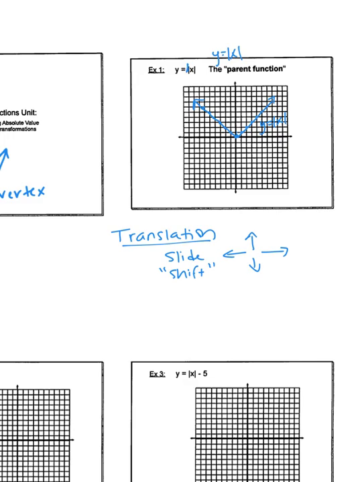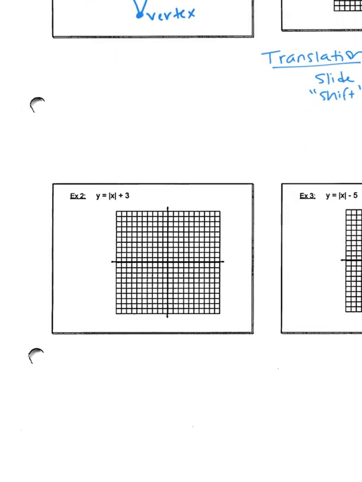So if you take a look at example 2, if you have y equals absolute value of x plus 3, when they add a number on the outside of the absolute value, that's telling you they're shifting or translating it up that number of units. This is telling you to translate the graph up 3 units.